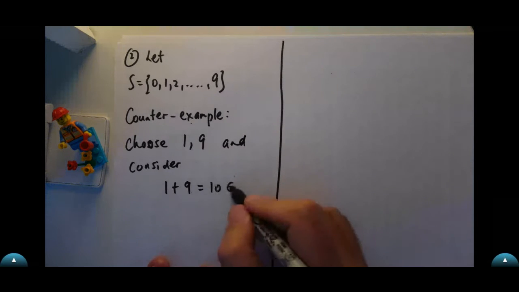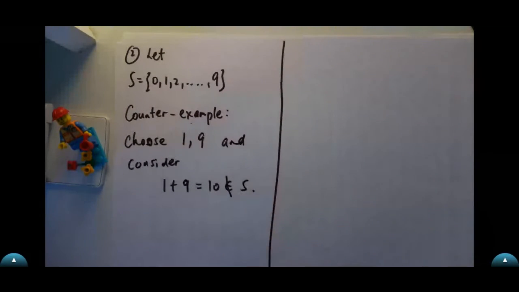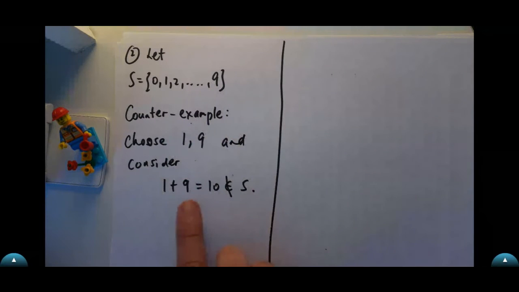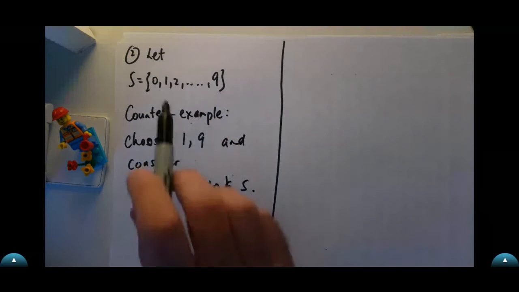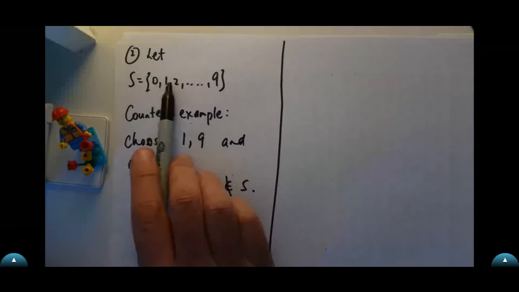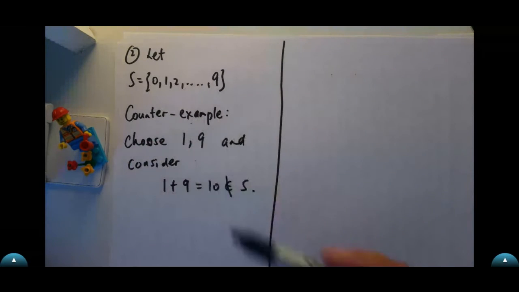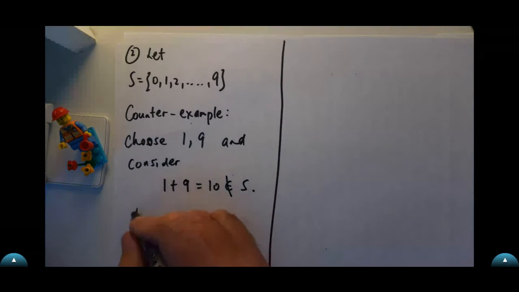That's 10 and it's not in the set S. This is similar to what you're saying, Maximilian. But you can also see that 0 and 1, if you add them together, you still get 1, which is in the set. So you're both correct.